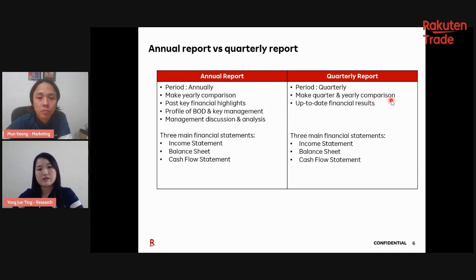I would prefer the quarterly report because it has up-to-date financial results, and it also helps analysts and investors track the seasonality of the company. You have the first, second, third, and fourth quarter, you sum them up together, and then comes the release of the annual report. So these are the main differences between the annual report and the quarterly reports.